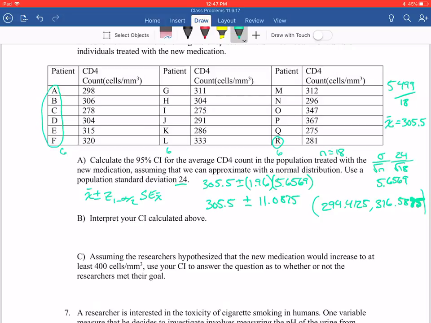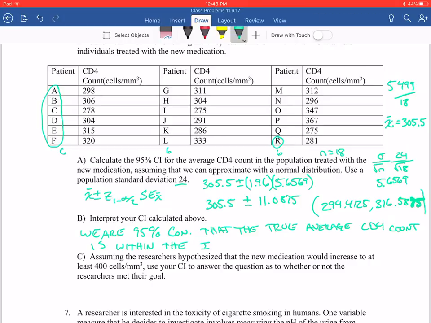So when we interpret our value above, we would say we are 95% confident that the true average CD4 count is within the interval.